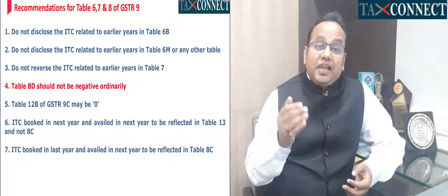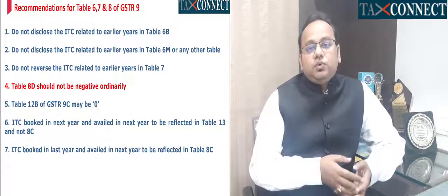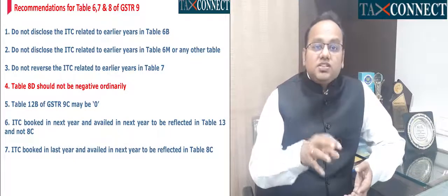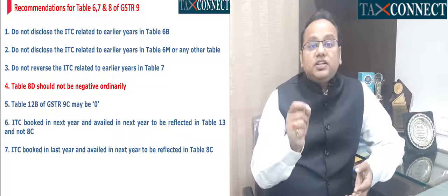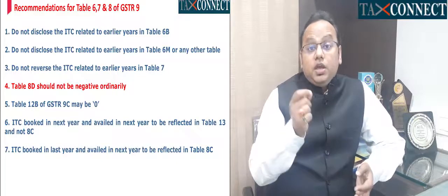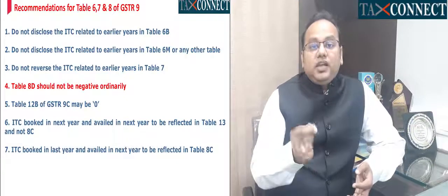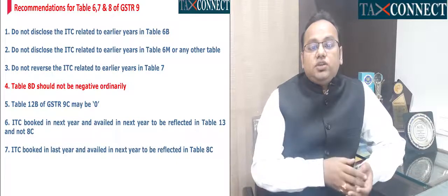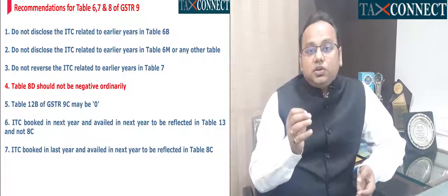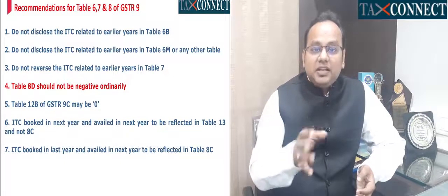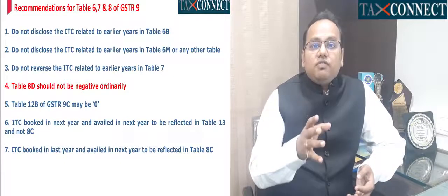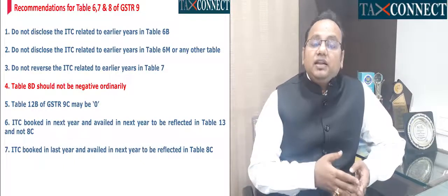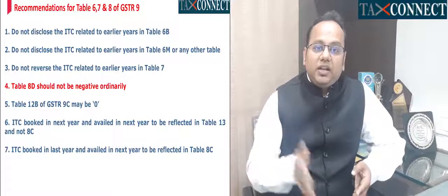Again, in table number 8C, you need to put in those ITC which you have booked. I am using the word booked, mind that, which you have booked in 1819, but the credit of which you have taken in 2021. That is, the booking of which is done in 1920 in the books of account, but credit has been taken till 30th September 2020.